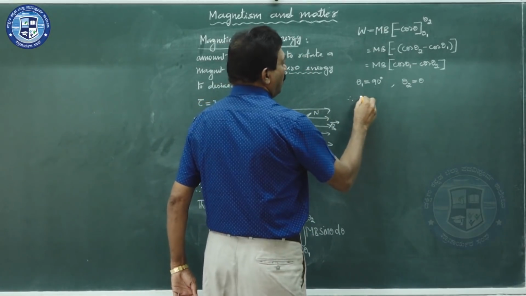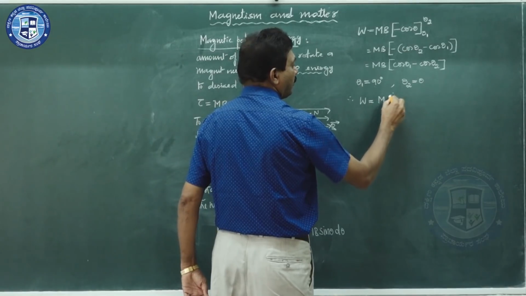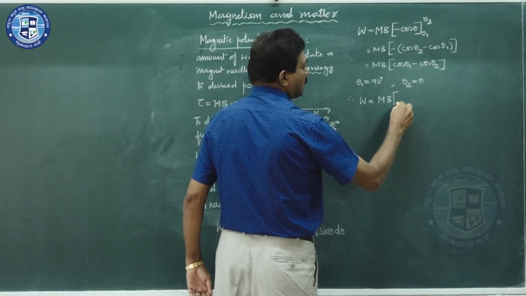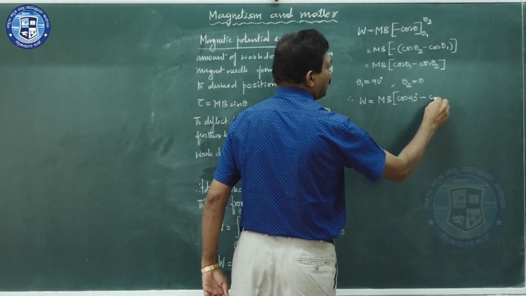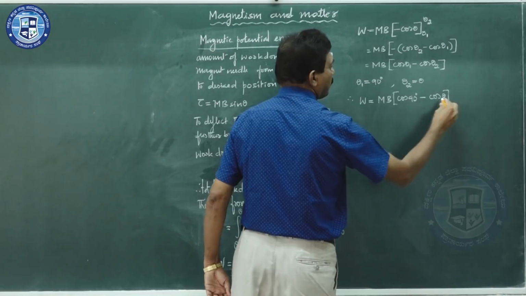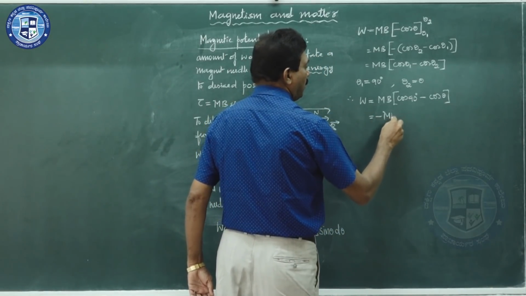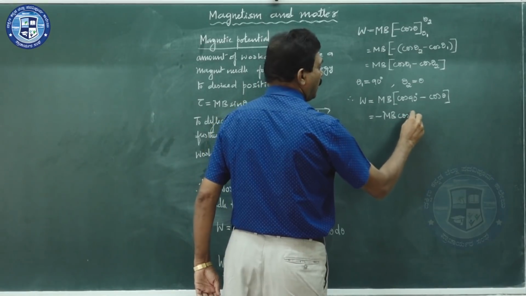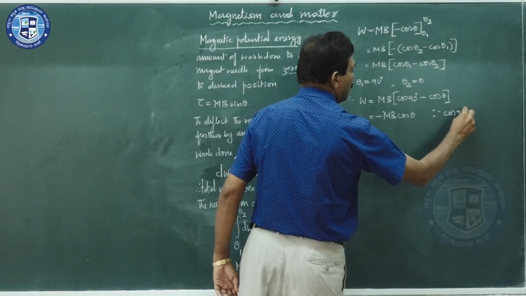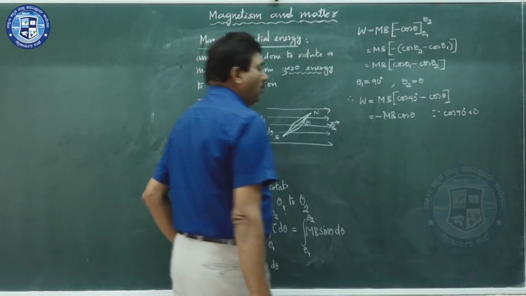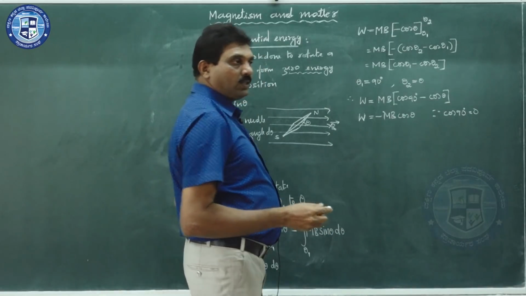Therefore, W is equal to mB (cos 90 minus cos theta). So it will be equal to minus mB cos theta, since cos 90 is equal to 0. So the work done is equal to minus mB cos theta.